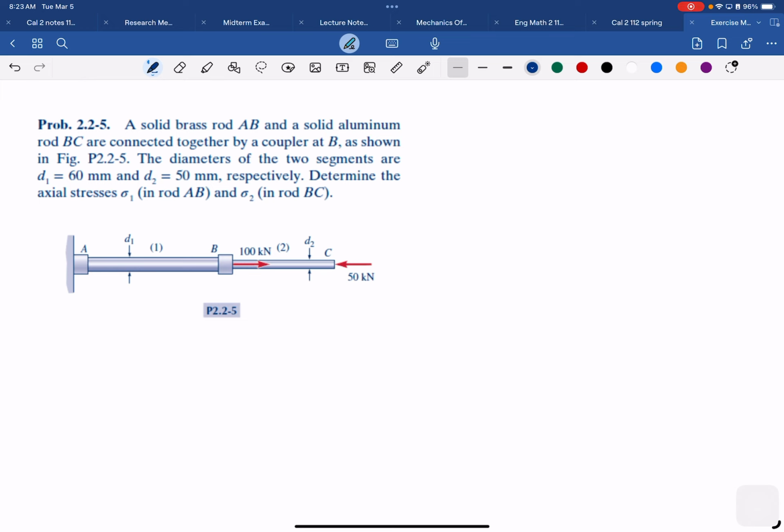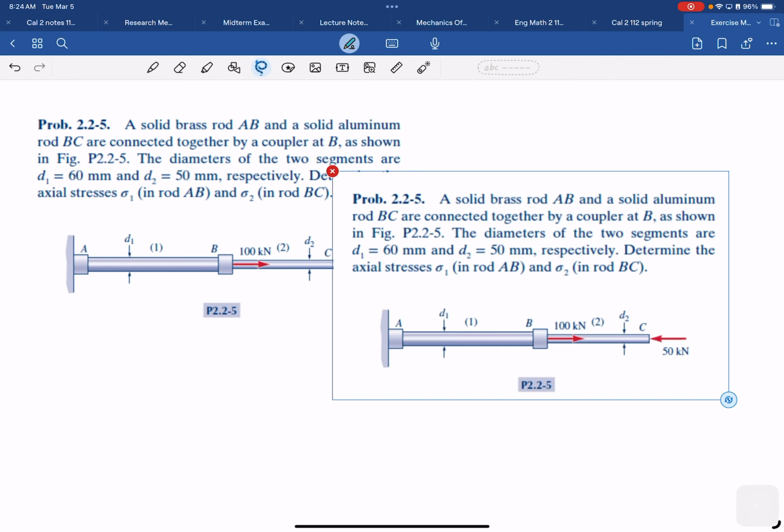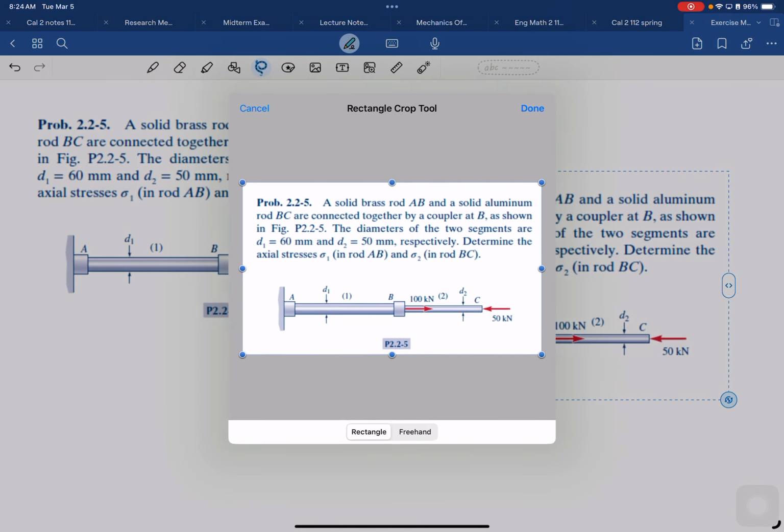The first structure can be cut, okay? So perhaps we can draw, maybe let me just copy this to make it clear. And then let me take the crop.